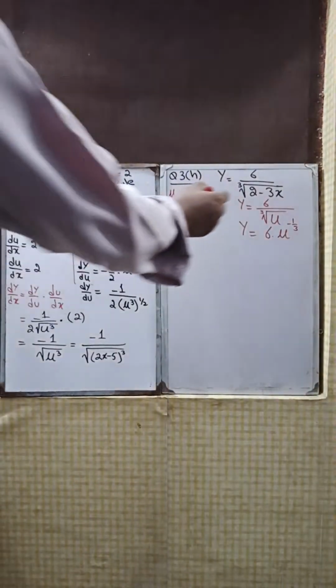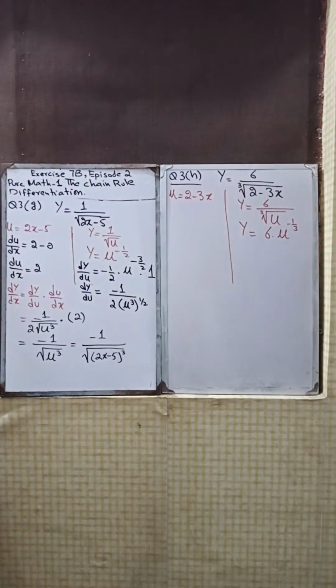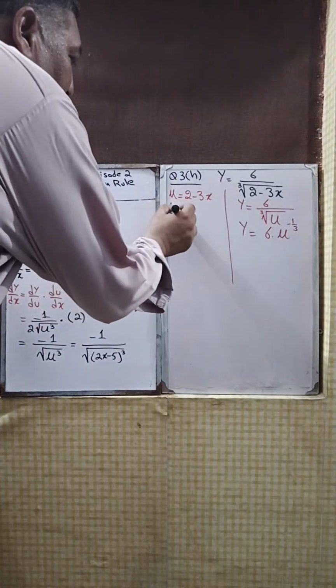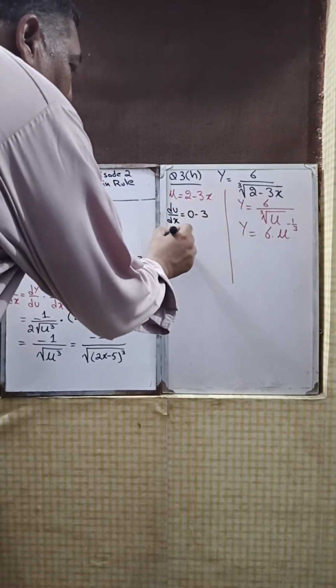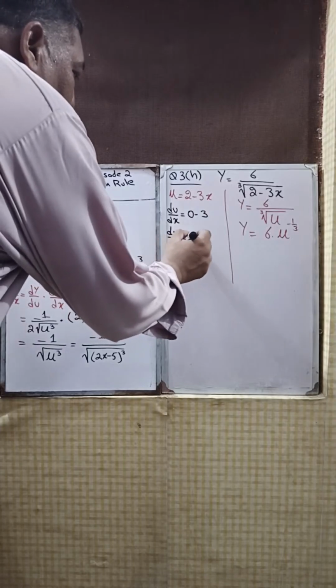Then y will be 6 divided by the cube root of u, so y will be 6 times u raised to the power minus 1 by 3. Now we will differentiate. du by dx will be equal to 0 minus 3, so du by dx will be equal to minus 3.